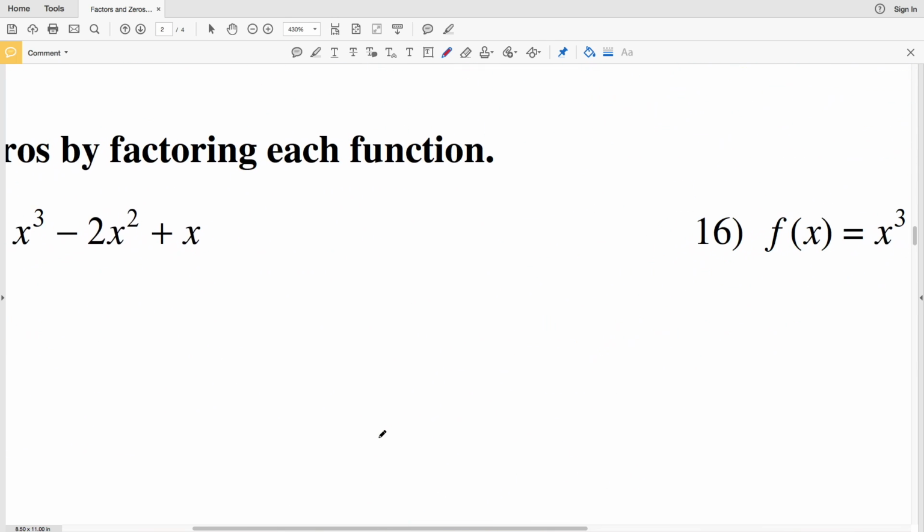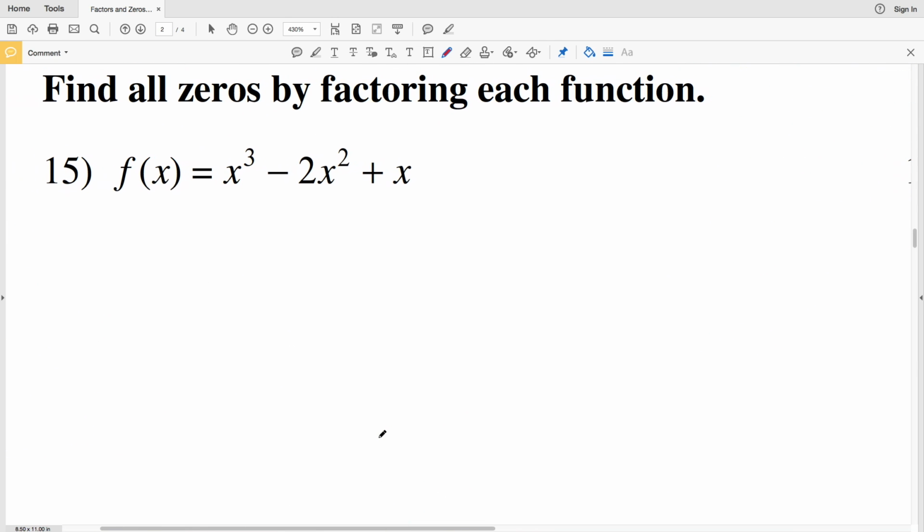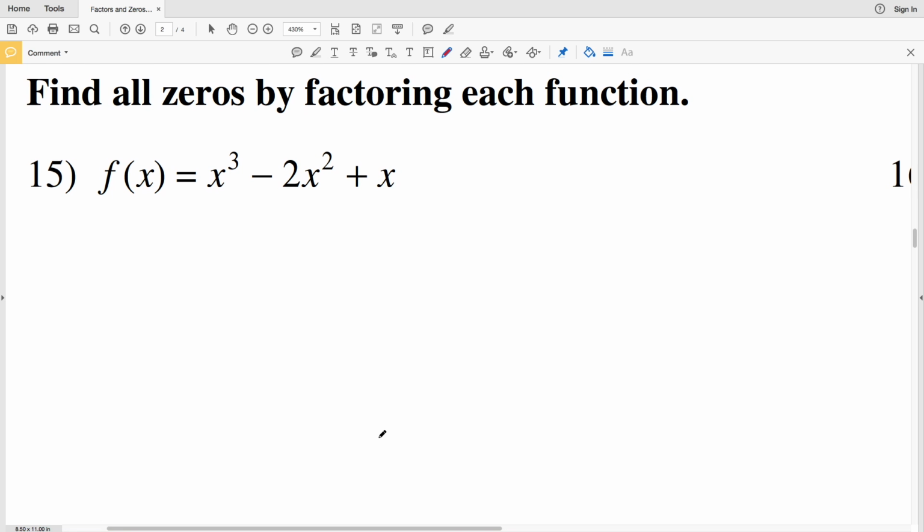Now, our next set of directions say to find all zeros by factoring each function. Before we jump into this, I'm going to quickly go over a couple of the special case polynomials, which these formulas will be helpful when finding the zeros in the next 6 problems. So remember that we have a plus b squared. That's going to be equal to a squared plus 2ab plus b squared.